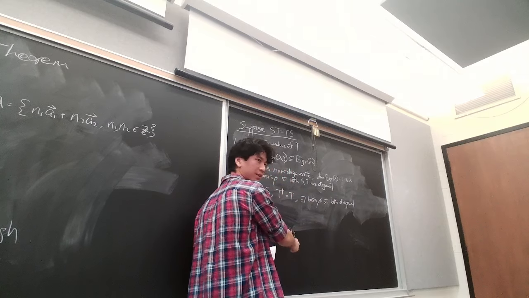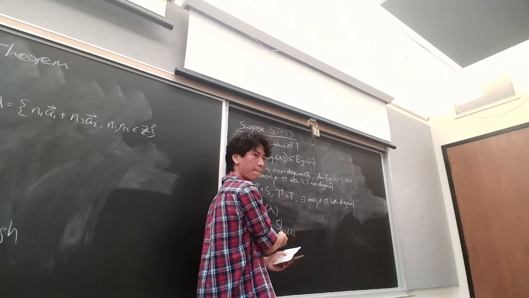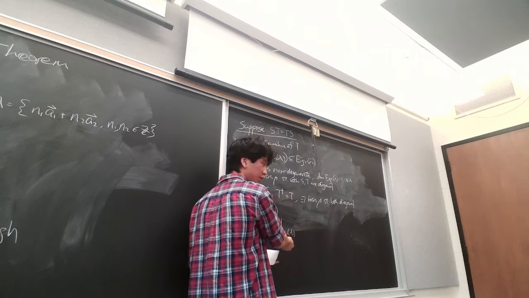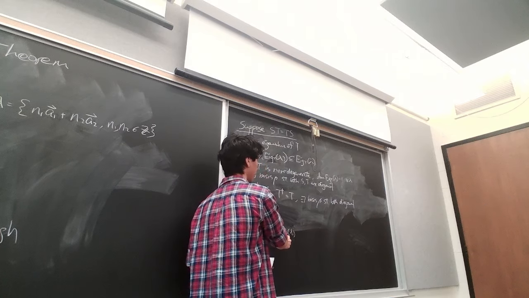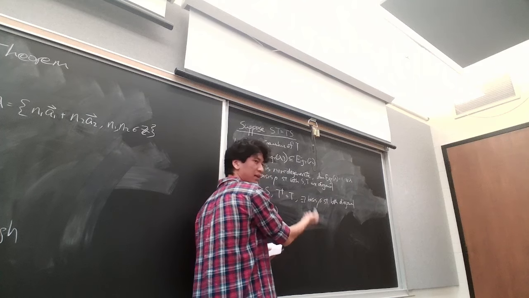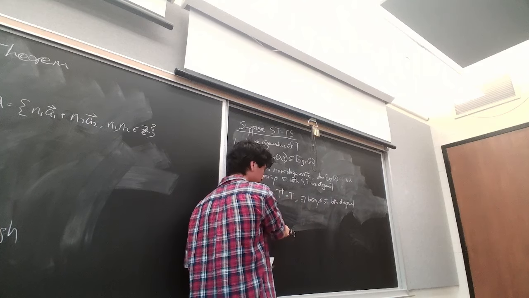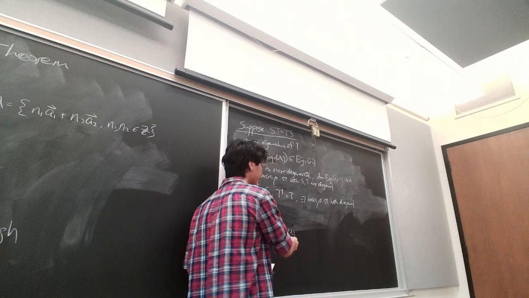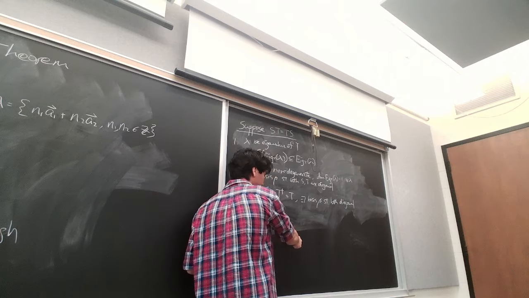This operator is again self-adjoint, right? Because it's just a restriction. And it's truly a restriction because any vector inside this subspace will get mapped back into the subspace. So this is a self-adjoint operator on the subspace.